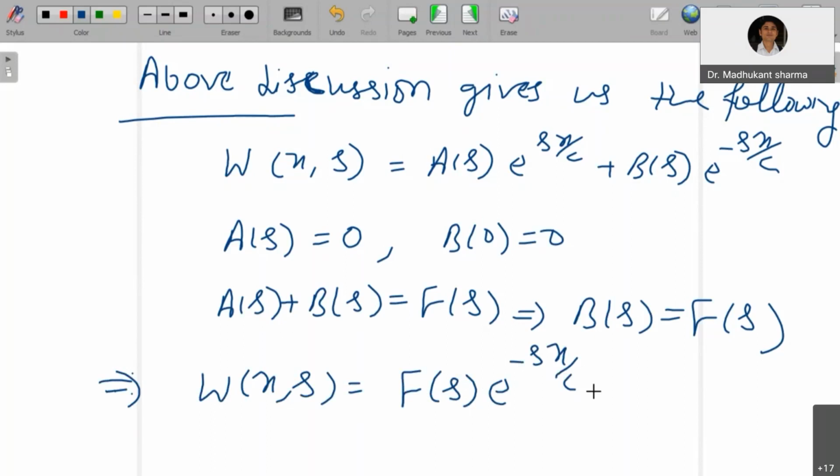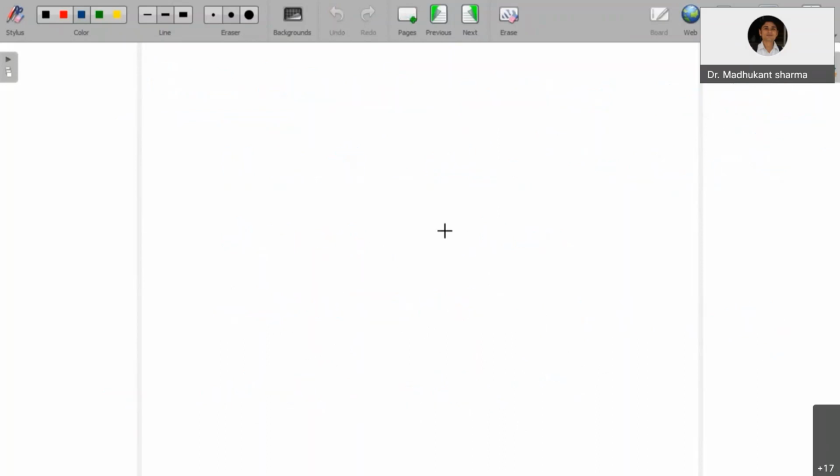So you have incorporated all the boundary conditions and initial conditions. Now you can use the inverse Laplace transform, the second shifting theorem, if you recall. What was that?